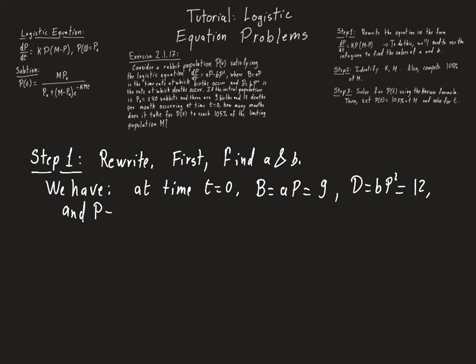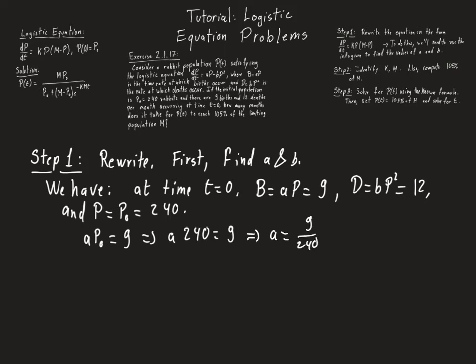And p is equal to p0 is equal to 240. This allows us to solve for lowercase a and lowercase b. So this gives that a times p0 is equal to 9. In other words, a times 240 is equal to 9. So in other words, we have that a is equal to 9 over 240.